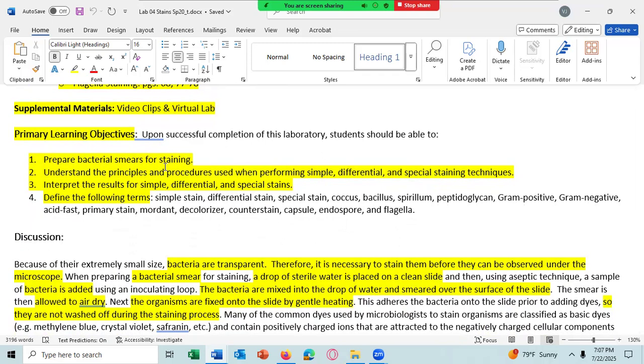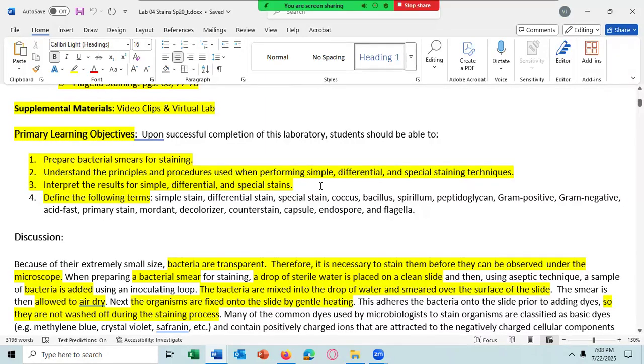It is something done before you begin the staining procedure. And then 2, understand the principles and procedures used when performing the simple stain, a differential stain, and then a special stain.